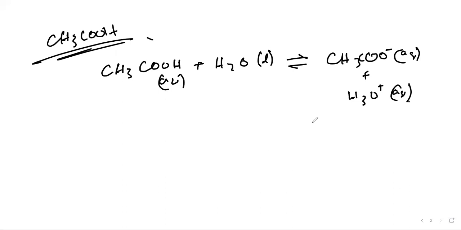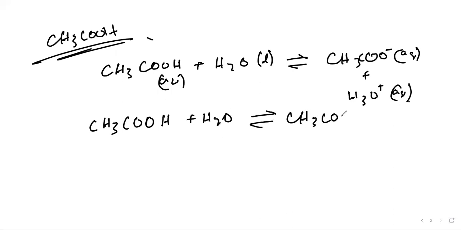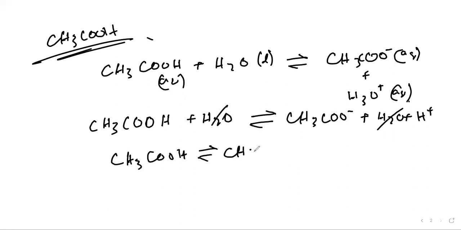Now this is the dissociation part. If we break it down further, CH3COOH, as I was writing in terms of water, let's say here we have water, and on the right hand side, we also have the hydronium ion broken down, which is H2O plus H plus. So we can simply cancel out water, and we'll be left with simply CH3COOH breaking down to form CH3COO minus plus H plus.